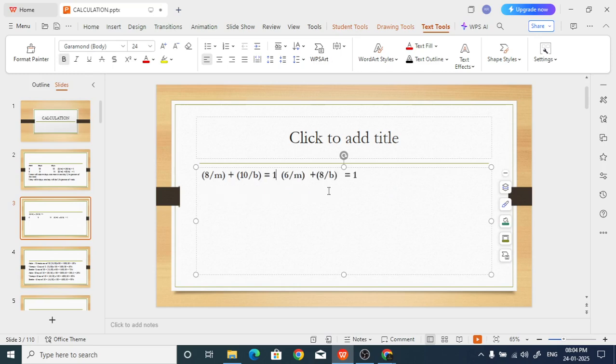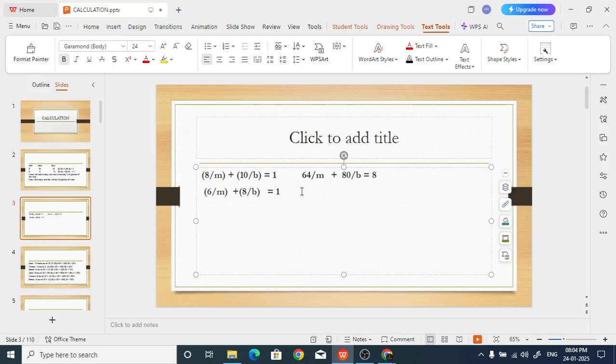If you have to remove b, let me multiply the top one by 8. If I multiply the first equation by 8, what will happen? 64 by m, plus 80 by b, equal to 8.